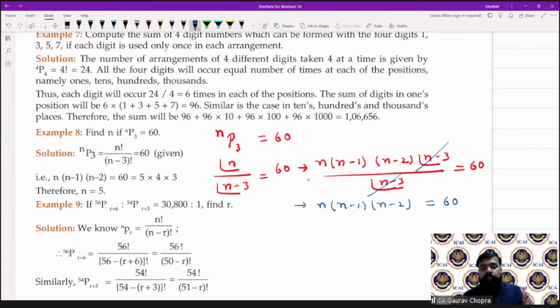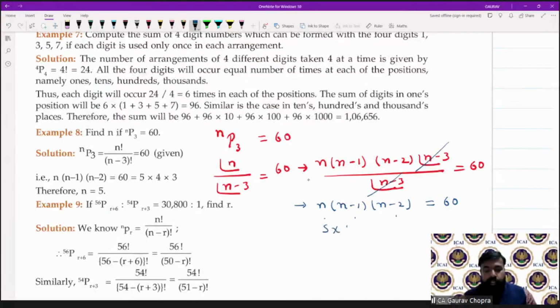So these are the three continuous numbers n, n minus 1, n minus 2. Which three continuous numbers, if we multiply them, give the result 60? You have to find three such continuous numbers whose multiplication gives 60. Like 1, 2, 3 is only 6, 2, 3 and 4 is 24, then 3, 4, 5, yes, 3 into 4 into 5 becomes 60.